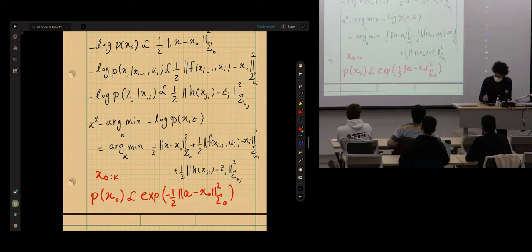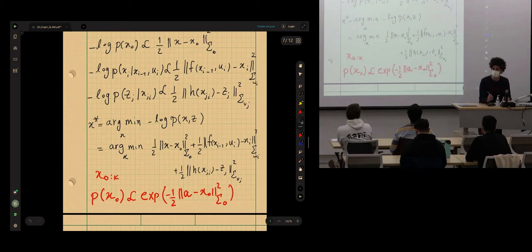Whatever is the mean value of the prior you want to set, it can be 0. In the SLAM problem, it's 0, right? So I'm just going to fix this.